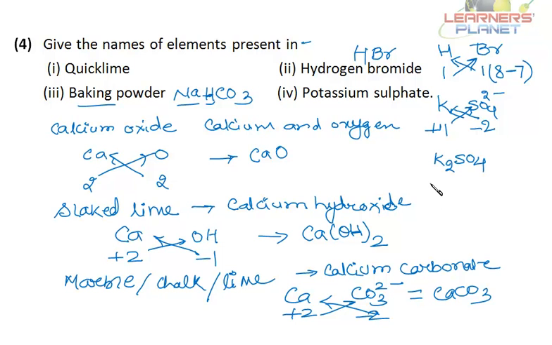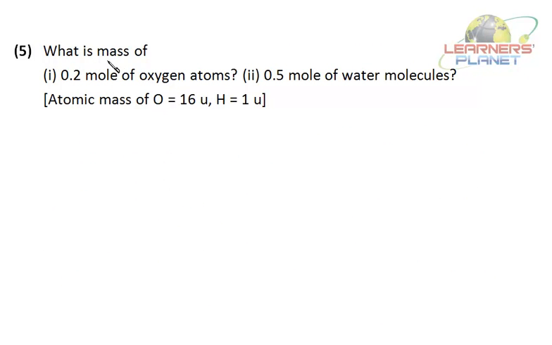Now let's take up our next question. The question is, what is the mass of 0.2 mole of oxygen atoms and 0.5 mole of water molecules? Now, 1 mole of oxygen atoms, what is the mass? 1 mole of oxygen is equal to its gram atomic mass.